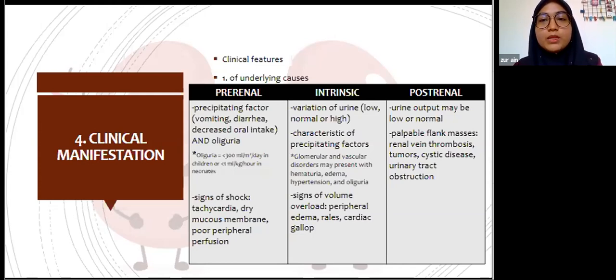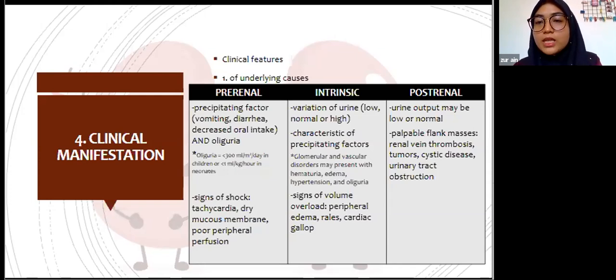Another example is a complaint of fever, joint pain or rash, which may be associated with autoimmune disease such as HSP or SLE. Also for renal, we must ask for any sign of volume overload, such as edema or crackles.